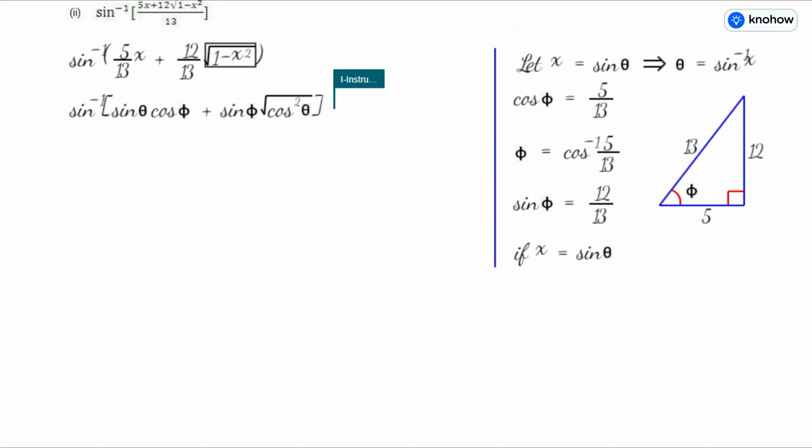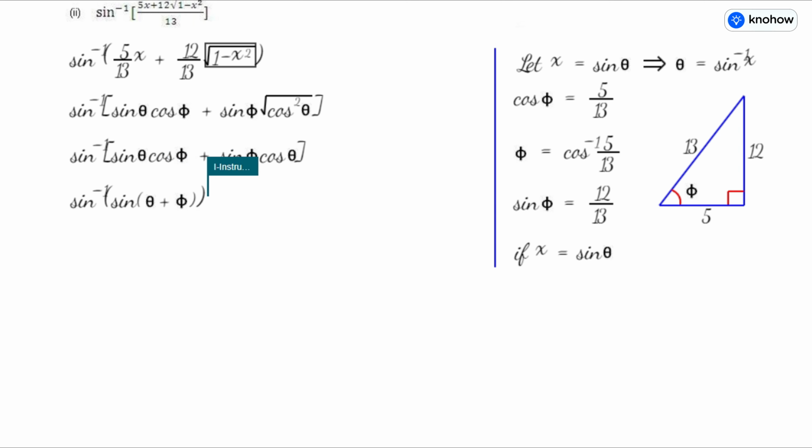In the next step you get sine inverse of sine theta cos phi plus sine phi cos theta. Or shall I read it as sine theta cos phi plus cos theta sine phi, which is nothing but the expansion of sine of theta plus phi. So sine inverse of sine of theta plus phi. And now sine inverse of sine theta you know is theta, so you get theta plus phi.